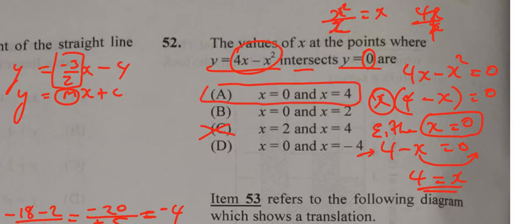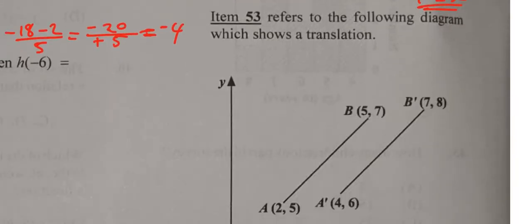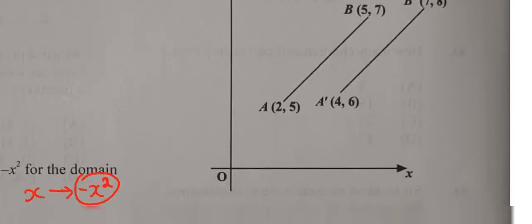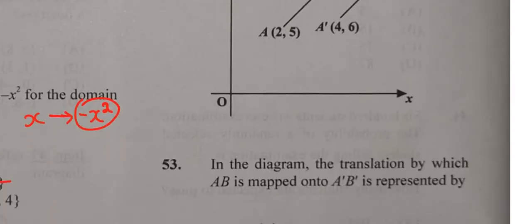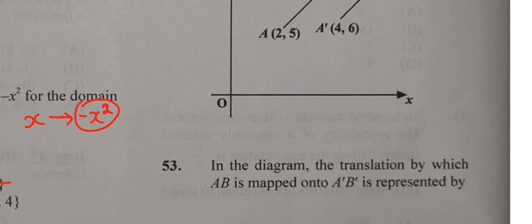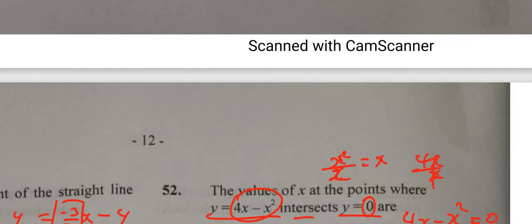Let's look at the next one. So we have the translation here, and they're asking us the translation by which AB maps to A prime, B prime. So all we got to do for this one is see how we moved from A to A prime. To get from 2 to 4, we're going to add 2.